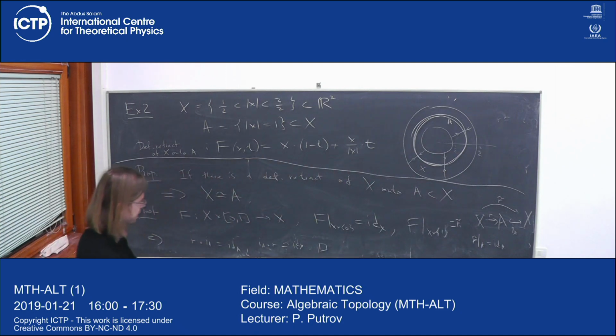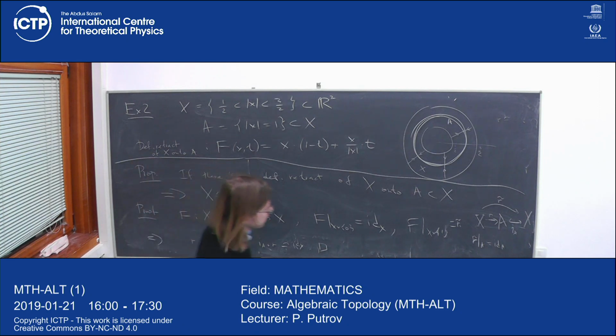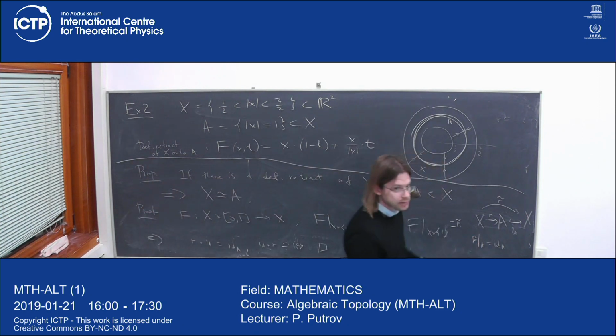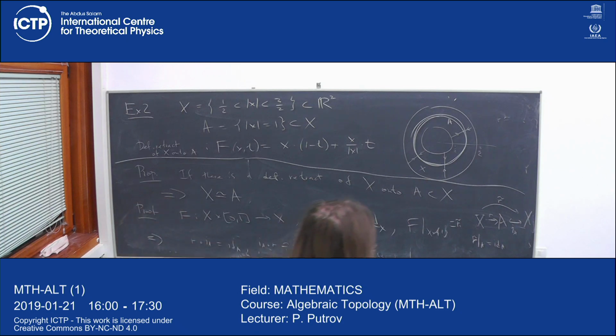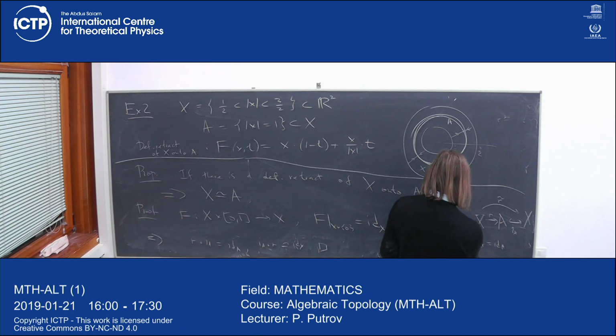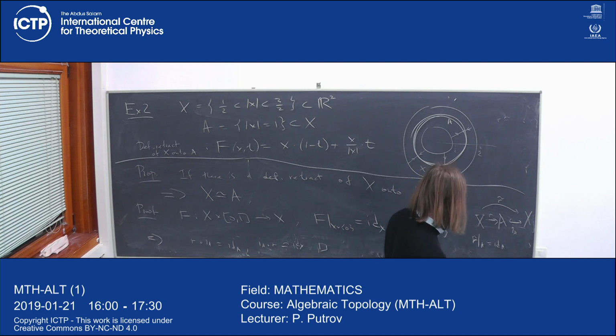But I can also formulate it as follows. We have a function R from X to A, which is the retraction mapping. So this is a composition of a function from X to X with the identity on A, which is the composition of IA with R tilde.